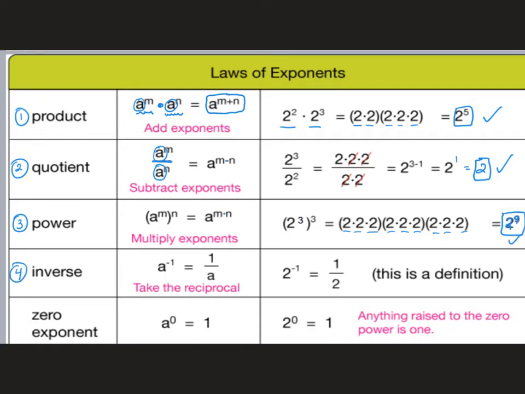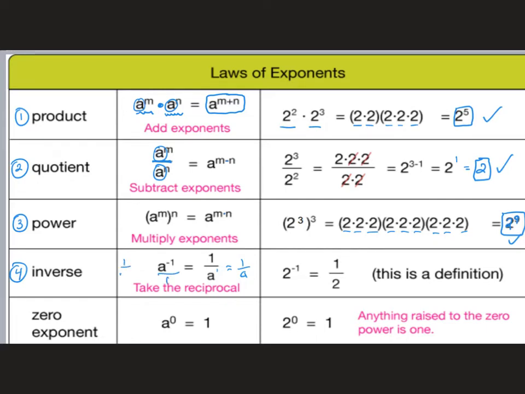And then we have our inverse rule of exponents, which states if I have a negative exponent, I can take the base of that negative exponent and make it the reciprocal to make it positive. So a to the negative first is really 1 over a to the first, or 1 over a. If the negative exponent is in the numerator, you bring it down to make it positive.